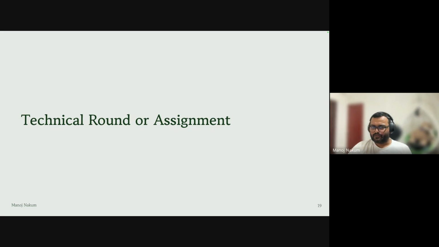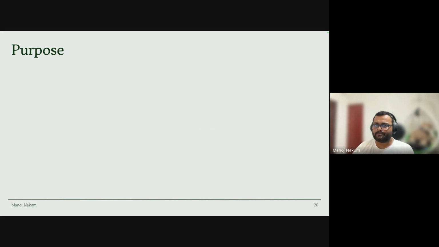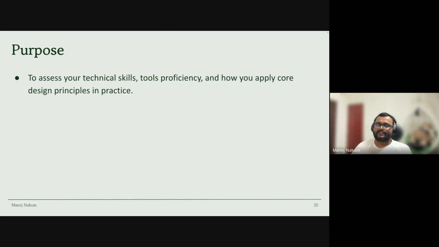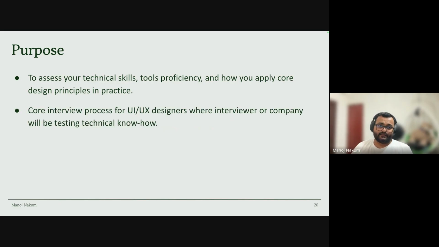But not all companies follow that. Those companies are very limited. But we'll discuss this more later. What is the purpose of this round? This round is all about checking your technical skill, the tools that you use, your UI and visual part.